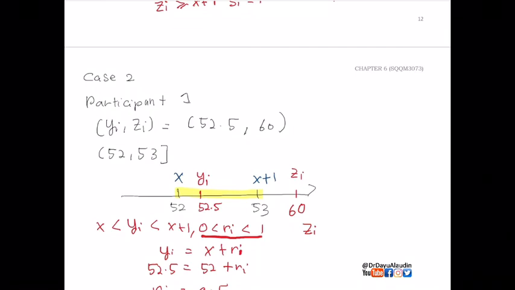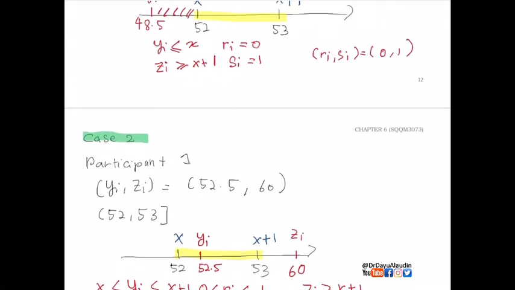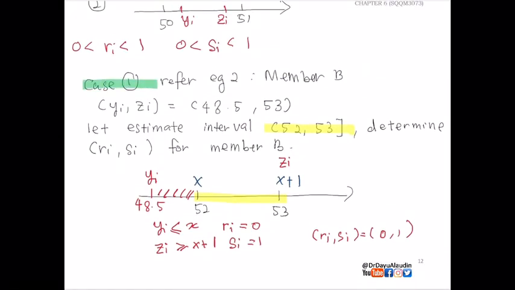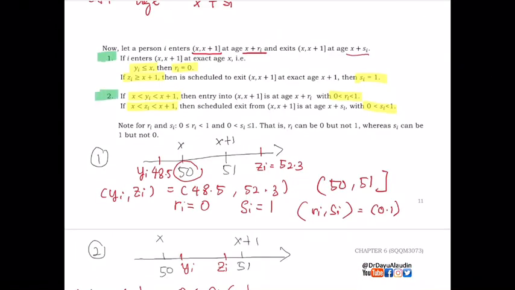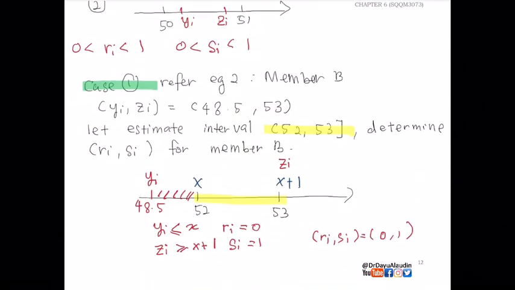However, Zi is greater than x plus 1. When Zi is greater or equal to x plus 1, we consider Si as 1. So therefore Ri and Si are 0.5 and 1 for participant 1, for example. This is the example for case 2, and this is the example for case 1, for both situations.